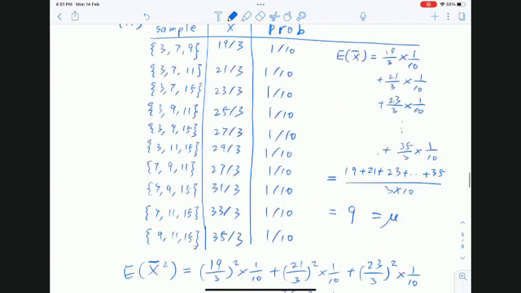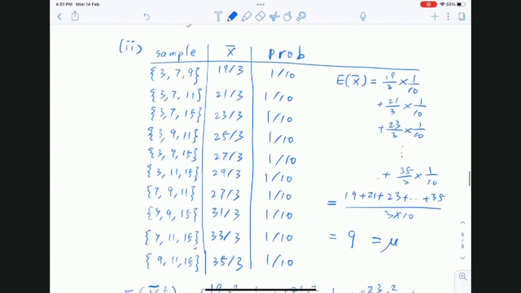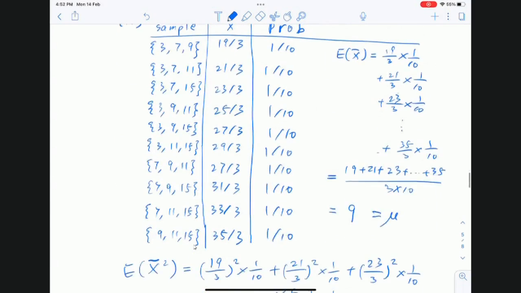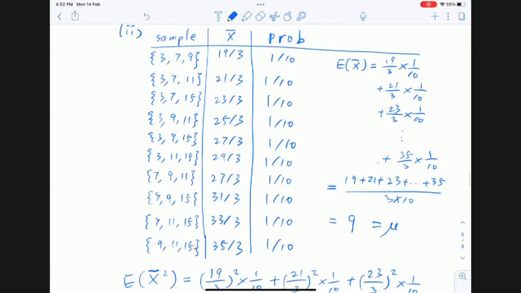Now, in the question, besides calculating the expectation and variance of the sample mean, in part 3 we are also asked to calculate the mean and variance of the sample median. So we can do the same calculation as before, but this time, instead of using the sample mean, we use the sample median.